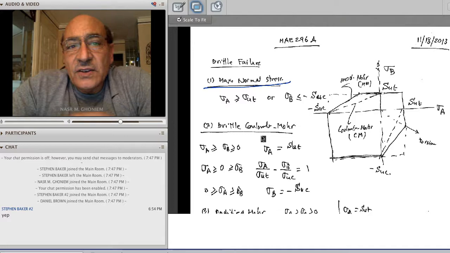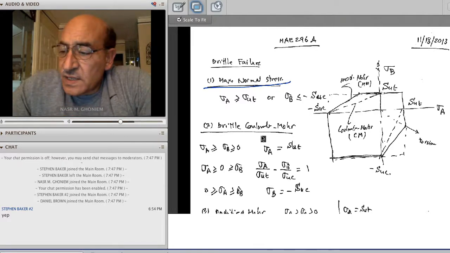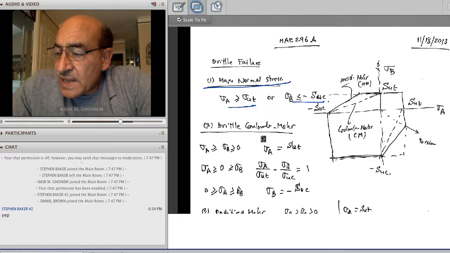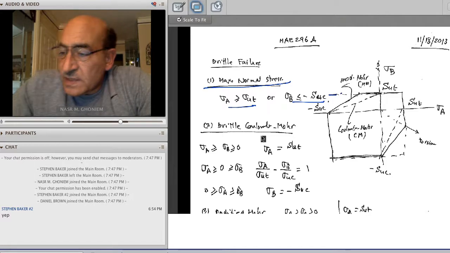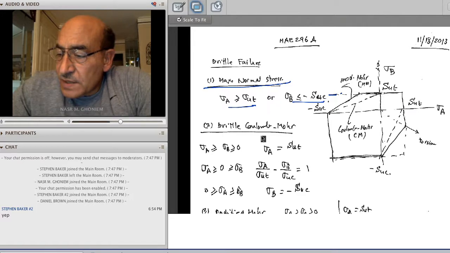So you modify all of the previous theories. Instead of yield, it will be just sigma A greater than sigma ultimate, with sigma B less than minus sigma ultimate in compression. So if you have now the maximum normal stress theory, it will be this line. If I translate this to the maximum normal stress theory, then it will be a box.